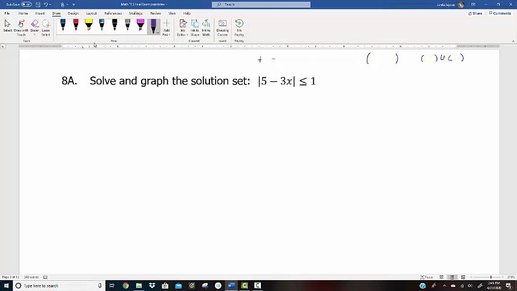So usually some people would take the inequality and set it to a positive, and then take the inequality and set it to a negative, which means the sign would change. But we'll do that for the greater than. Since this is a less than, we can set it up where it's between.